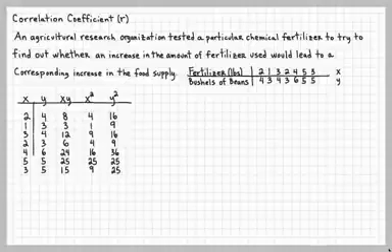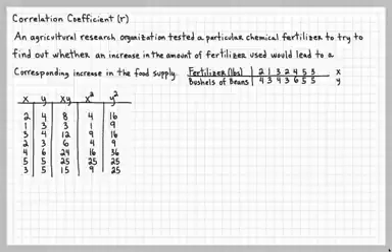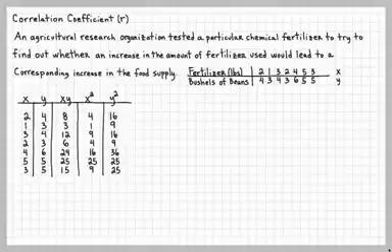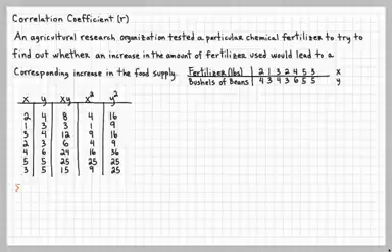Great. So let's complete the table by writing down some vertical lines here so I can see the columns better. And let's find the sums. We'll add columns X, Y, XY, X squared, and Y squared. The sum of X, if we add that column, gives you 20.